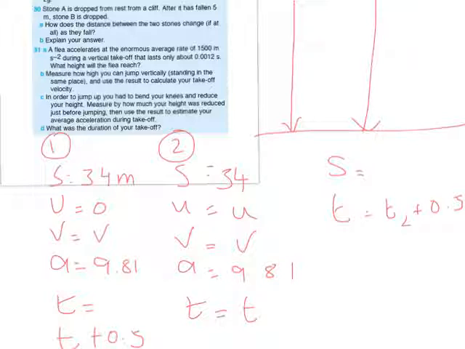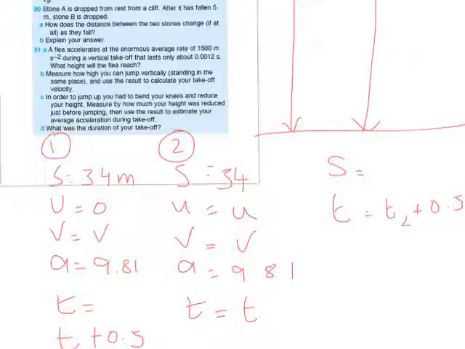ut is 0 because the initial velocity is 0. So if you just put in the values, 9.81 for acceleration, 0.5 for the half, and then s is 34, rearrange that and you should get a value of t of 2.6 seconds.